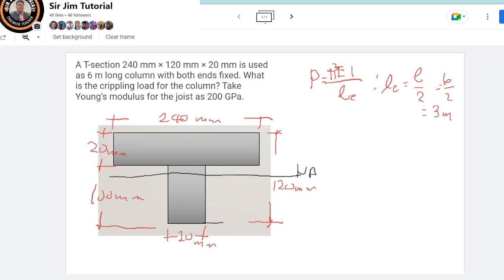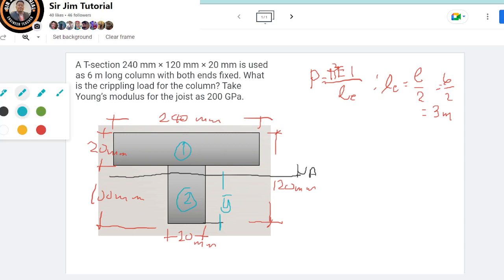Let us say this is the neutral axis going here. We can assume y bar as the location of the neutral axis from the bottom, and we can divide this as area 1 and this one as area 2.